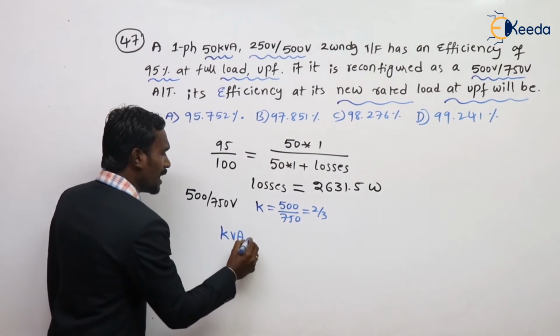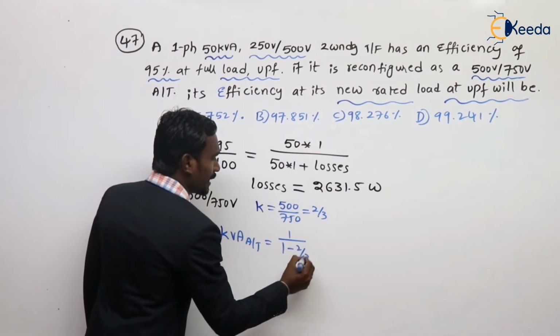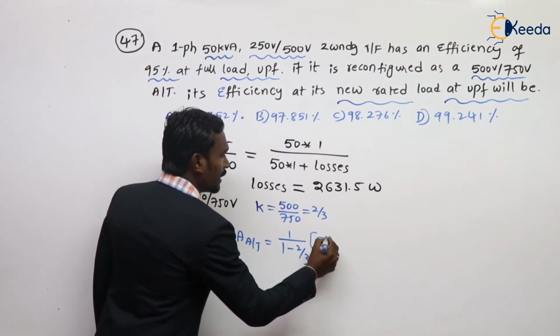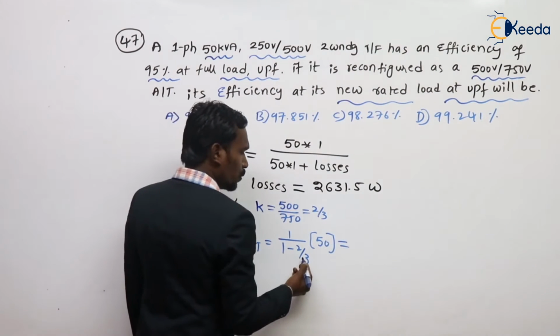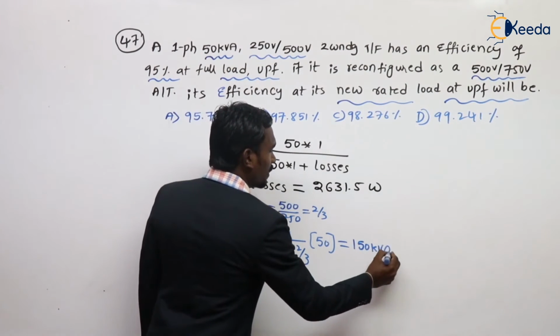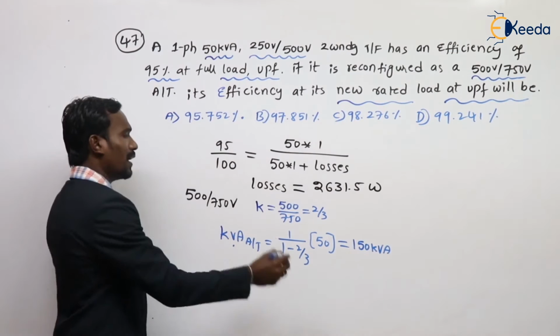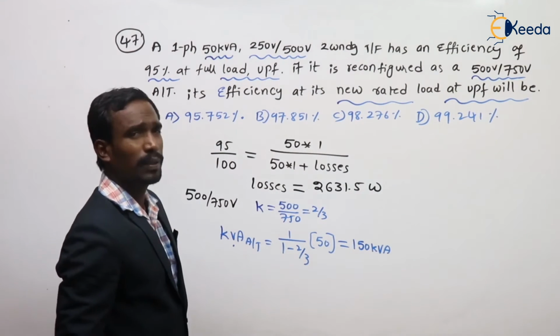The kVA rating of the auto transformer is equal to 1 by (1 minus K) times the kVA rating of the two winding transformer, 3 by 2 times 50, nothing but 150 kVA. I got the kVA rating of the auto transformer.